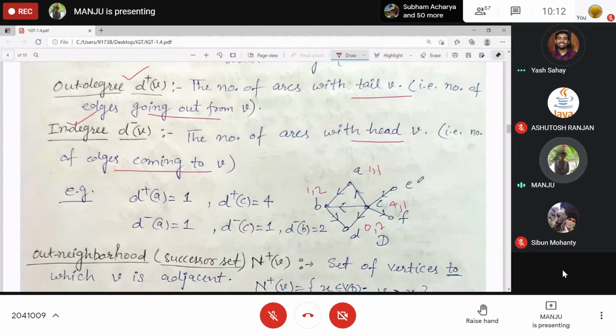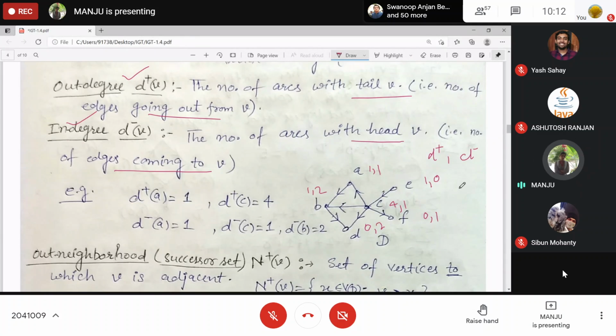What about E? Out degree 1, in degree 0. What about F? In degree 1, out degree 0.